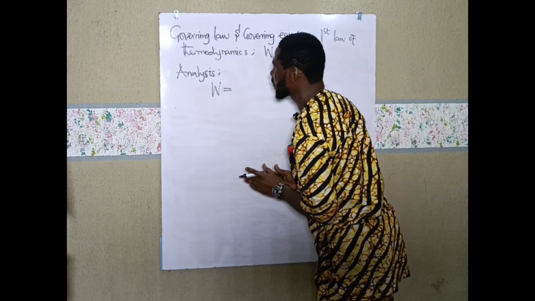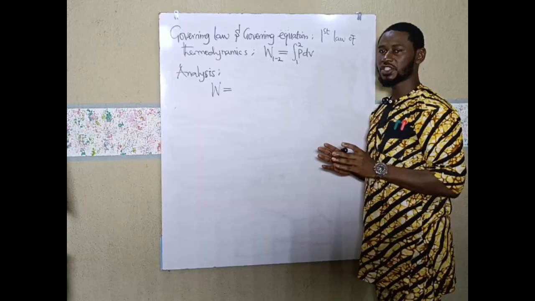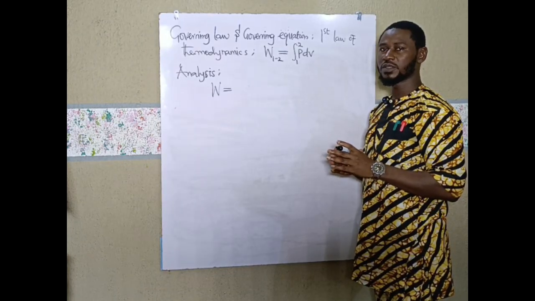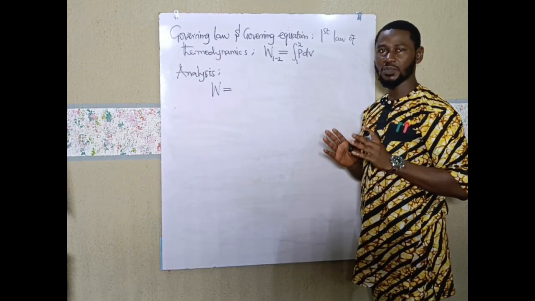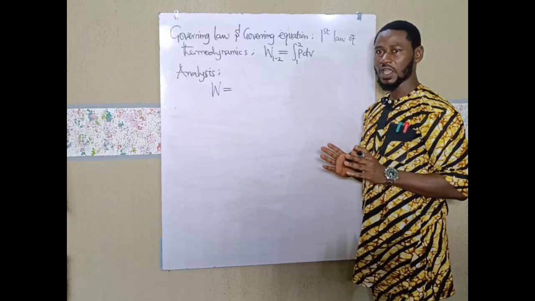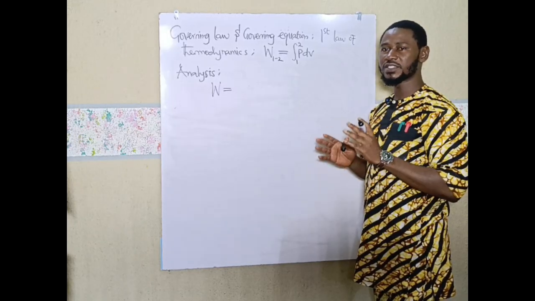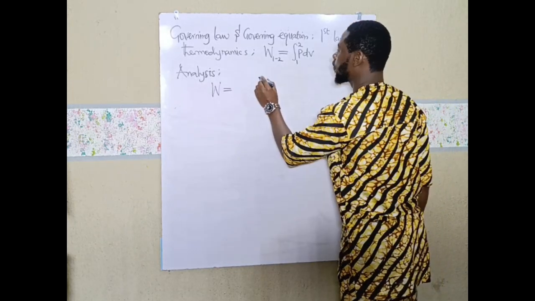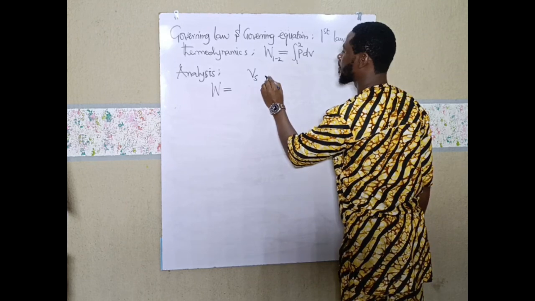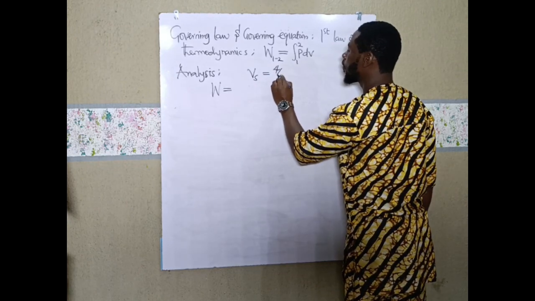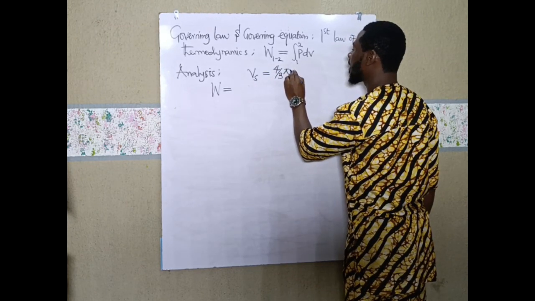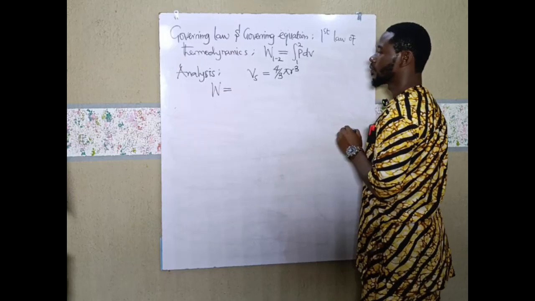Now, if you look at the question, there is a particular shape that we are talking about. The shape of the balloon takes the shape of that of a sphere. And we know that the volume of a sphere is given as 4 over 3 pi r cube.